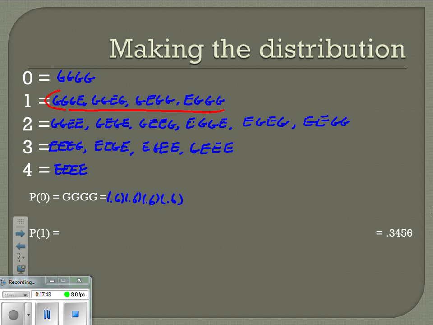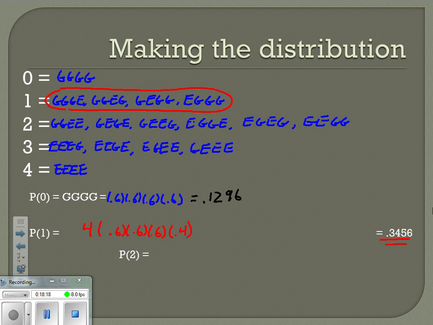All 4 of these have 3 G's and 1 E. So really what you're looking at is 4 times gas, gas, gas, electric, you want 3 G's and 1 E. And that should be equal to 0.3456.